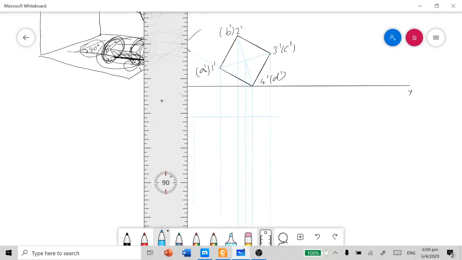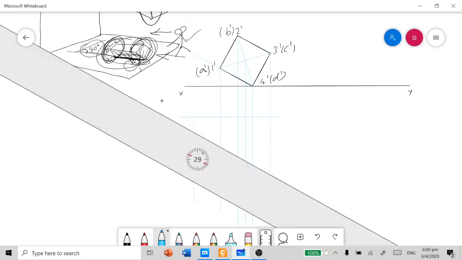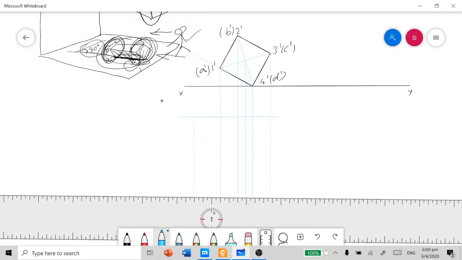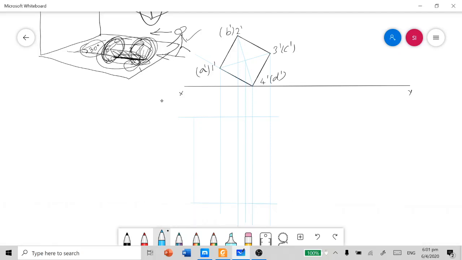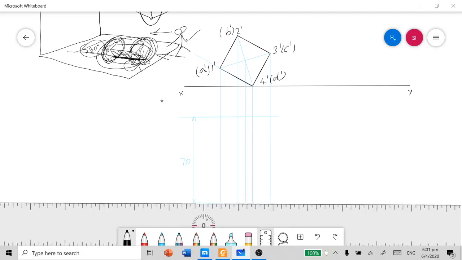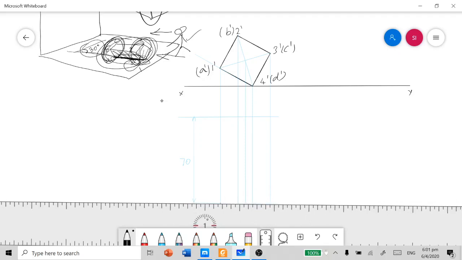So in this way I have to estimate. Now let me highlight the base and face of the solid.